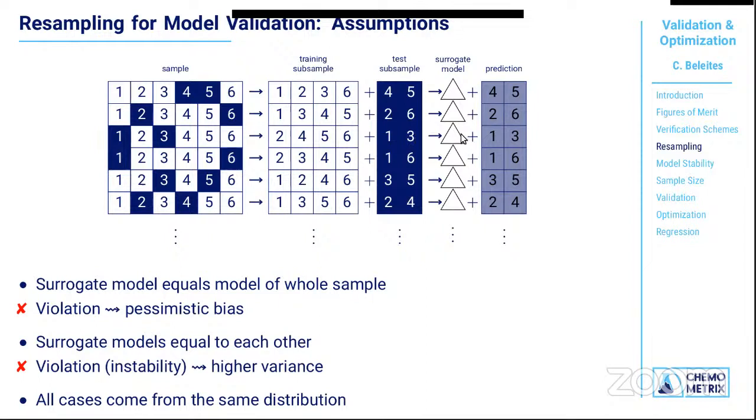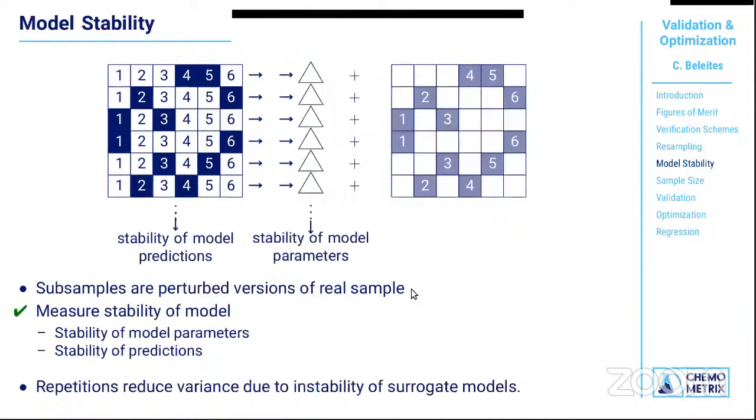Because if you look, for example, at these 2 surrogate models and the cases they were trained on, they only differ by exchanging case number 6 for case number 3. That's all the difference they had. So all the difference that we see here comes from replacing one case against another. This is a very direct measure of instability of the training procedure.